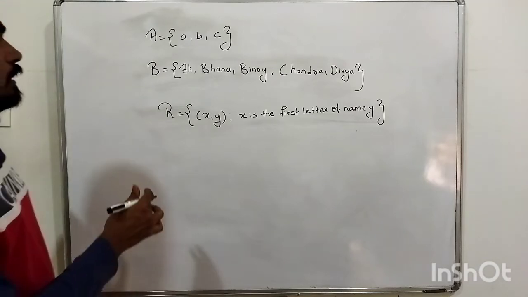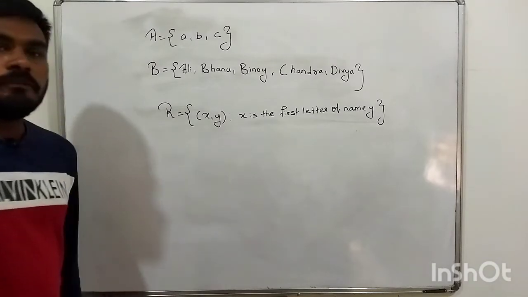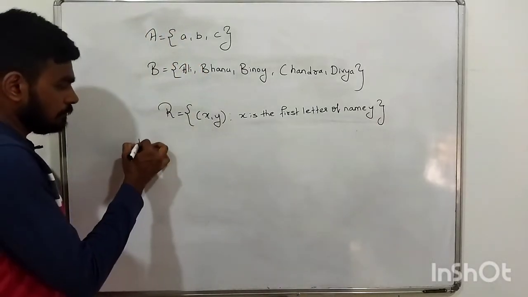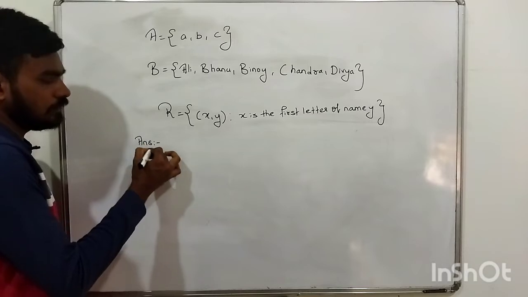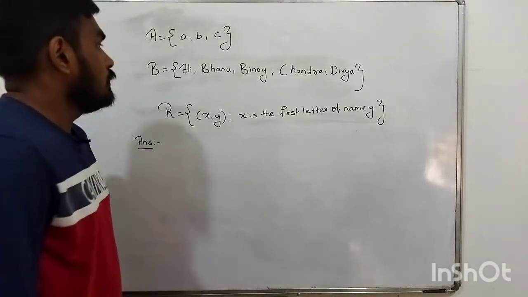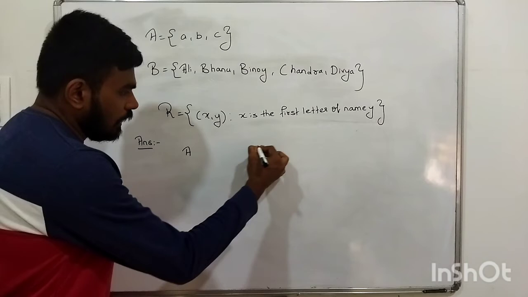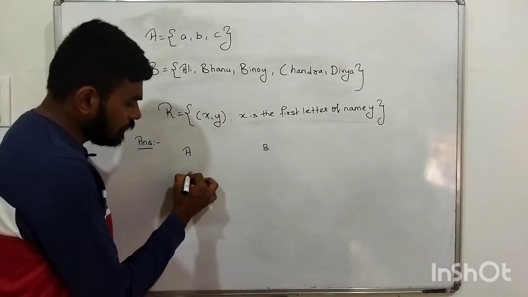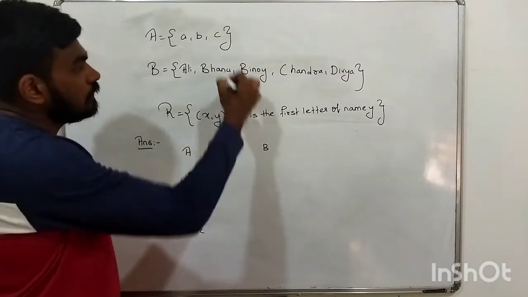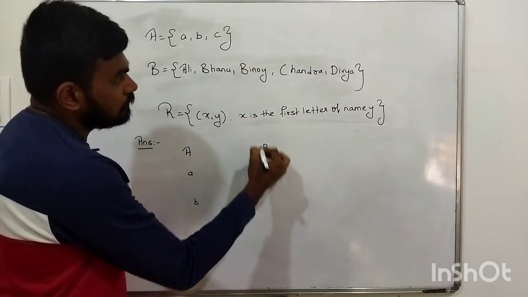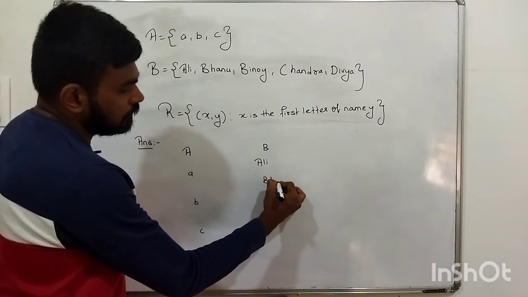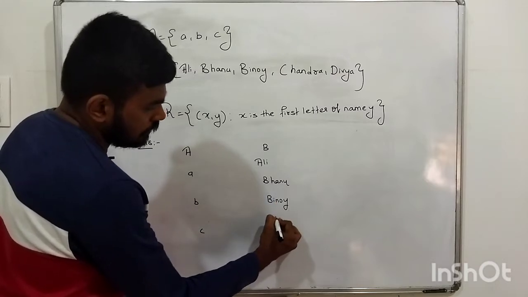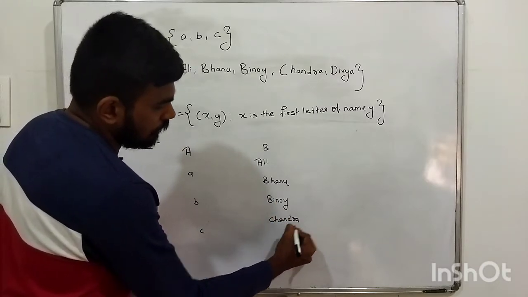So in the relation, only those pairs will come which satisfy this property. Now, you may remember we used to write a, b, c like this for ordered pairs in the previous video, and then the elements of the second set: Ali, Bhanu, Binoy, Chandra, Divya.